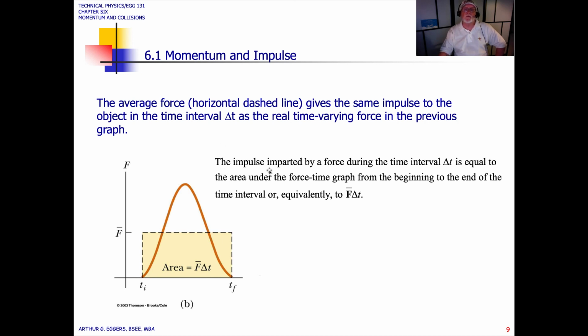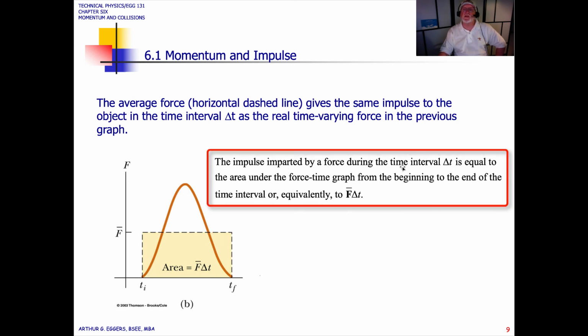So the impulse imparted by a force during the time interval delta t is equal to the area under the force time graph from the beginning to the end of the time interval, or equivalently, the average force times time.